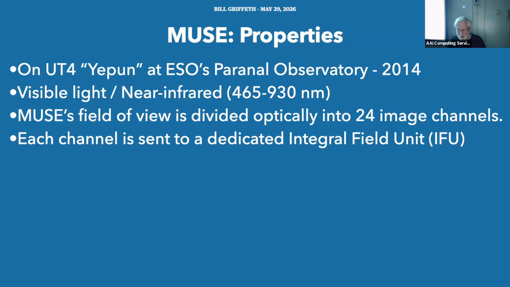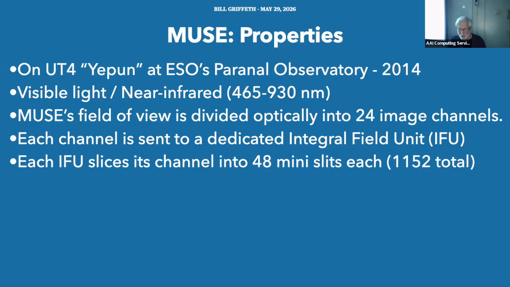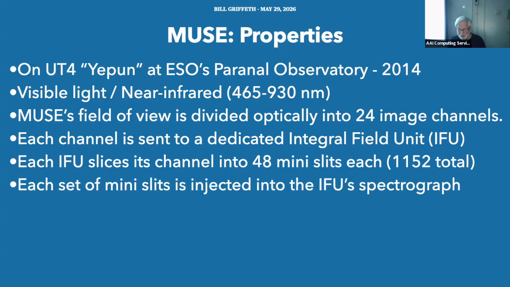I'll show you a photo that I took of that later. Each IFU further divides its channel optically into 48 slices called mini slits. And those mini slits are what are then injected into the IFU spectrograph, which disperses the light using a volume phase holographic grating.